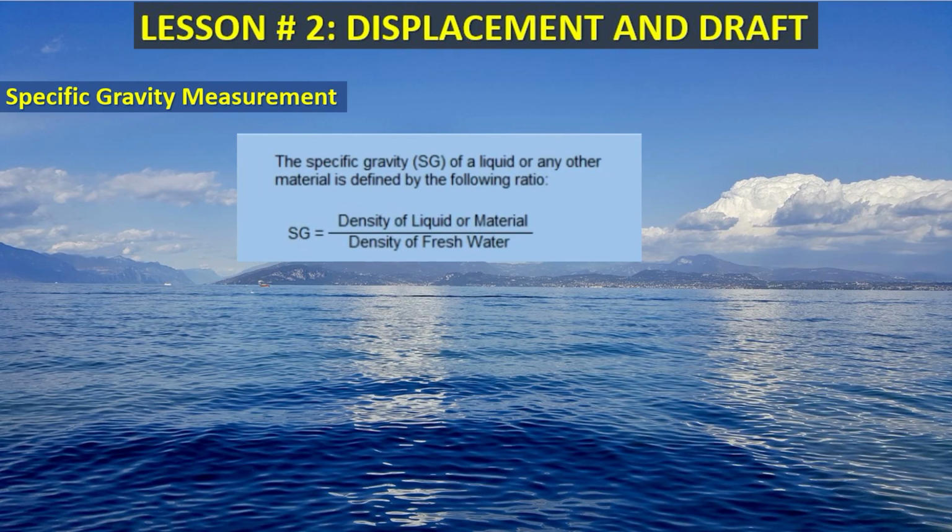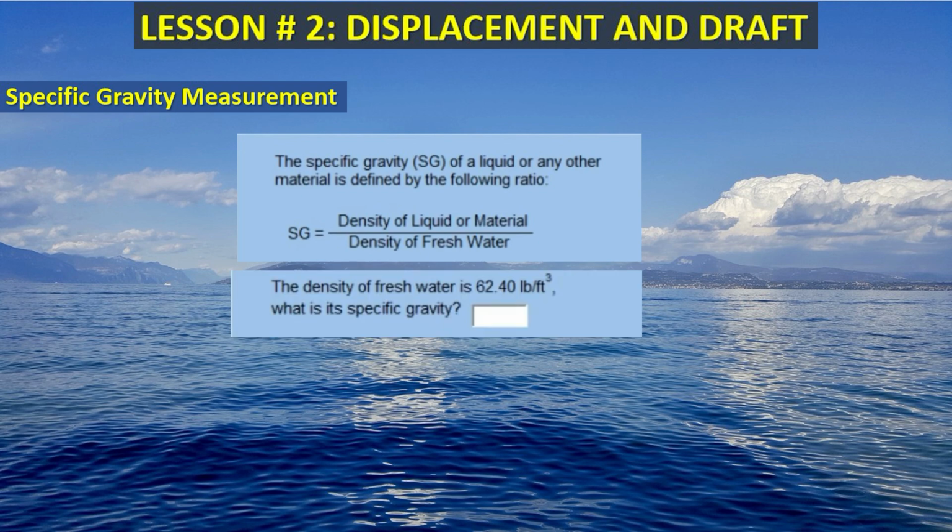The specific gravity, Sg, of a liquid or any other material is defined by the following ratio. The density of fresh water is 62.4 pounds per cubic foot. What is its specific gravity?